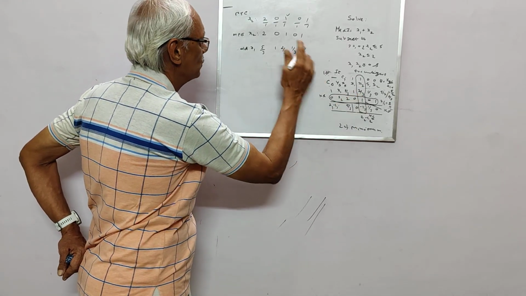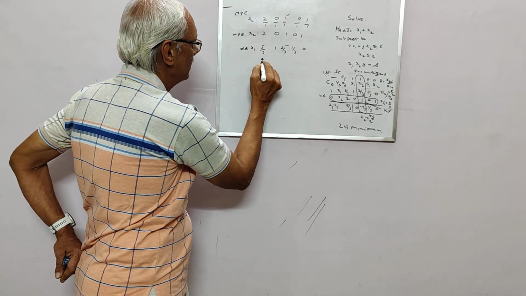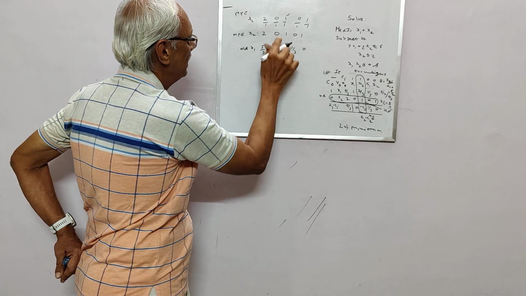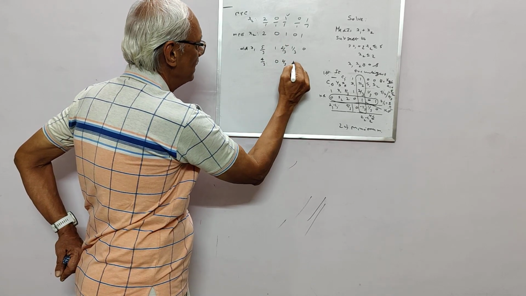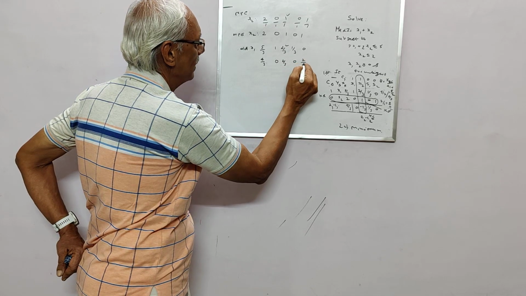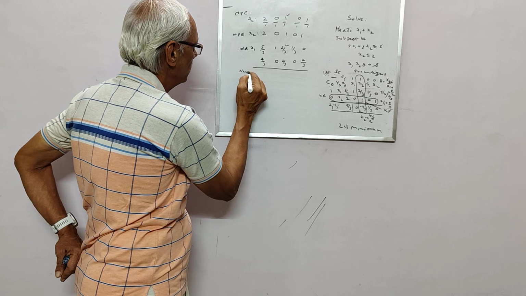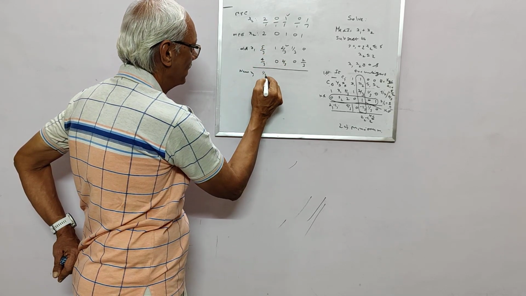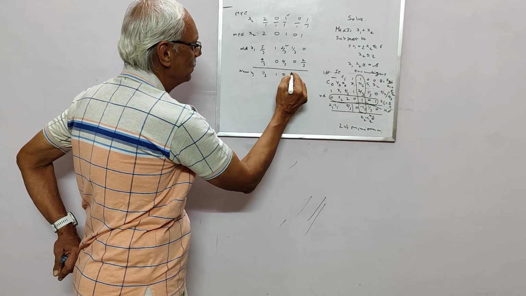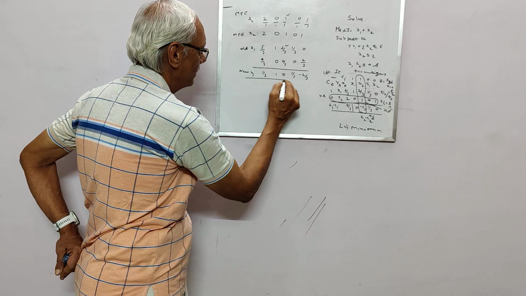In this column it is 2 by 3. 2 by 3 into 2 is 4 by 3. 2 by 3 into 0 is 0. Again it is 2 by 3. Now you do the subtraction here. So new X1: 5 by 3 minus 4 by 3 is 1 by 3, 1 0, 1 by 3 minus 2 by 3.